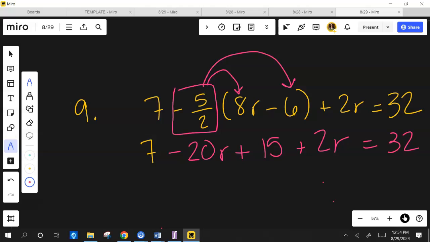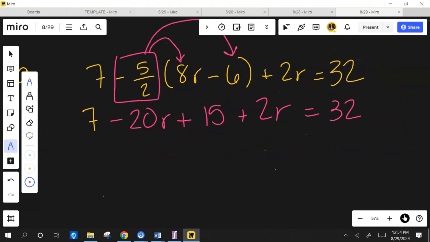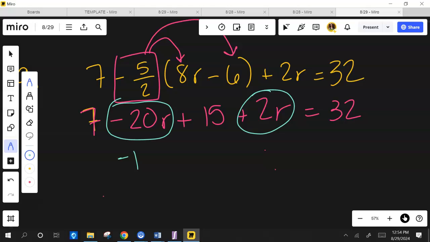Okay? Combine your like terms. Which ones are like terms? Negative 20r and 2r. What do you get when you add those together? Negative 18r. Y'all are on it today.